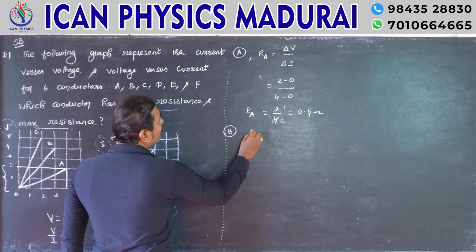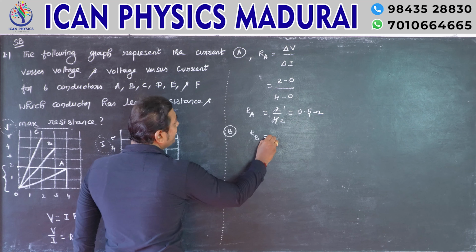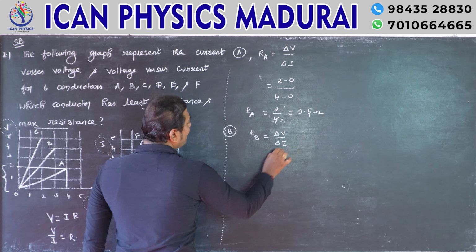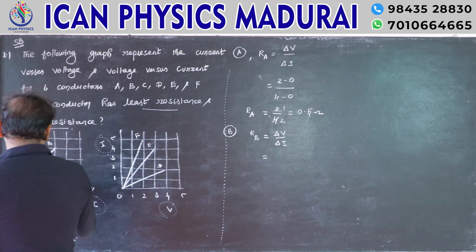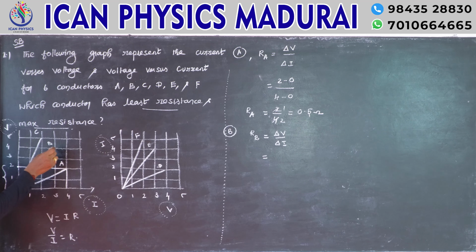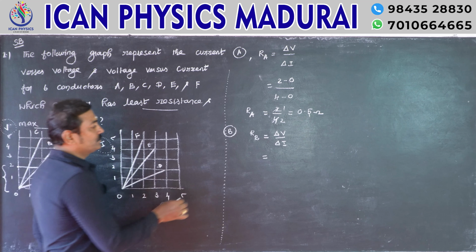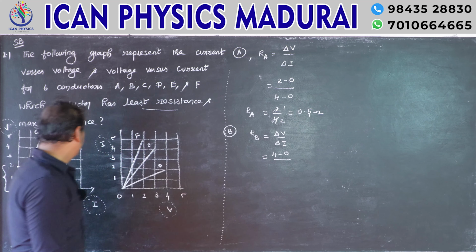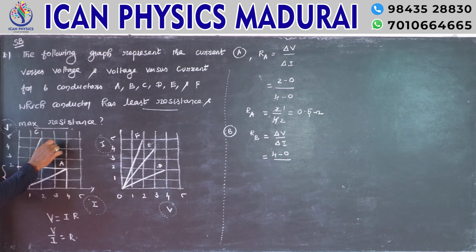So straight away we can go for the formula. RB equal to delta V by delta I. Okay. So for B, what is the final voltage? 4. What is the initial voltage? 0. So 4 minus 0 divided by delta I. Here, going along the x-axis, it will be 3.